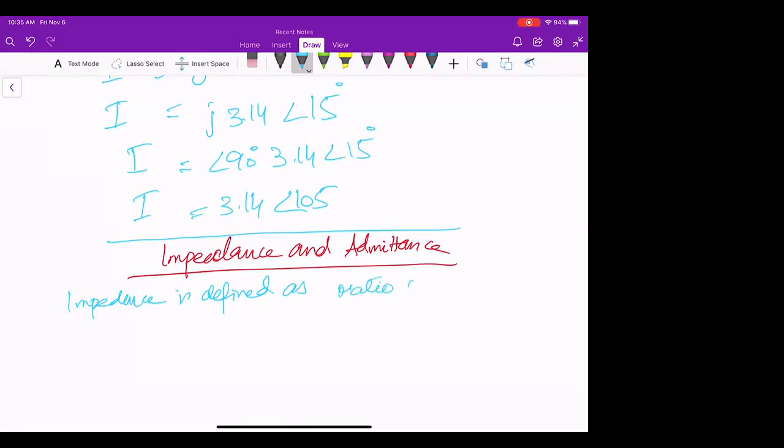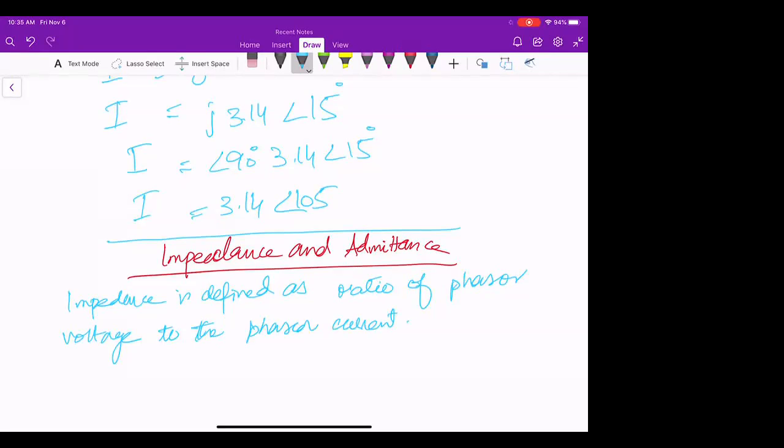the ratio of phasor voltage to the phasor current, or AC voltage to AC current. It's the same.